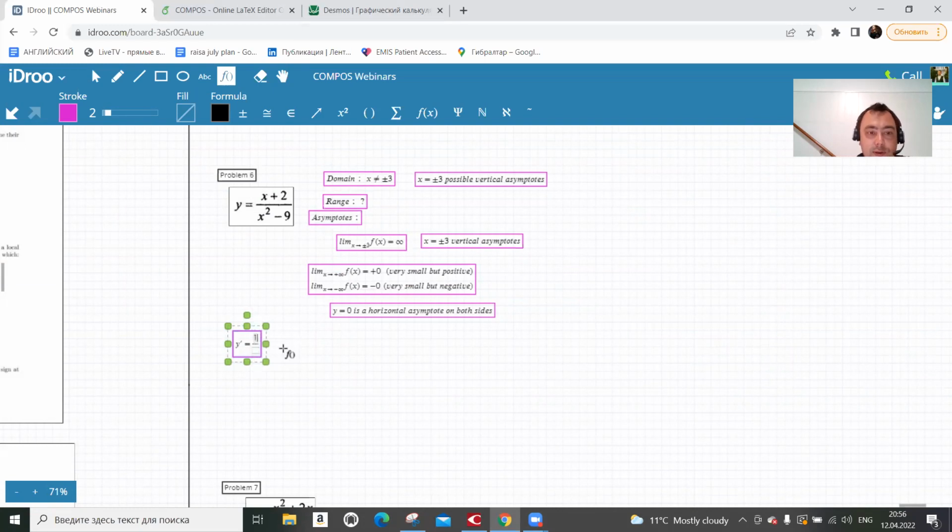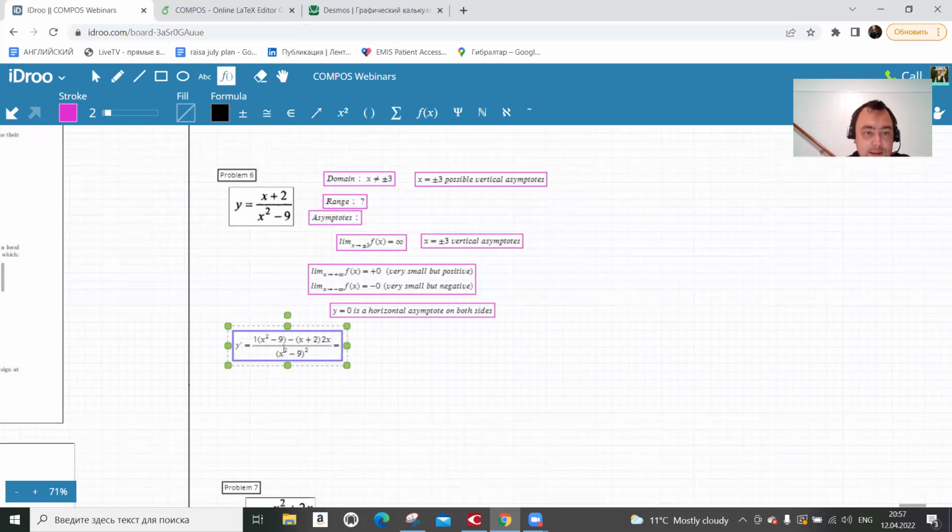So it's going to be 1 multiplied by x squared minus 9, minus x plus 2, multiplied by the derivative of x squared minus 9, which is 2x, all over x squared minus 9 squared.